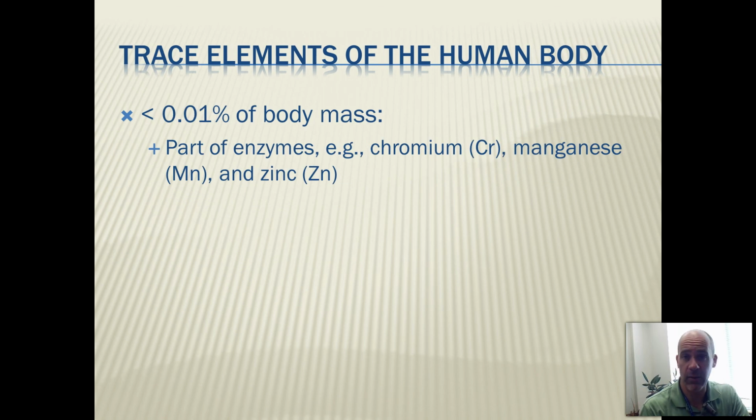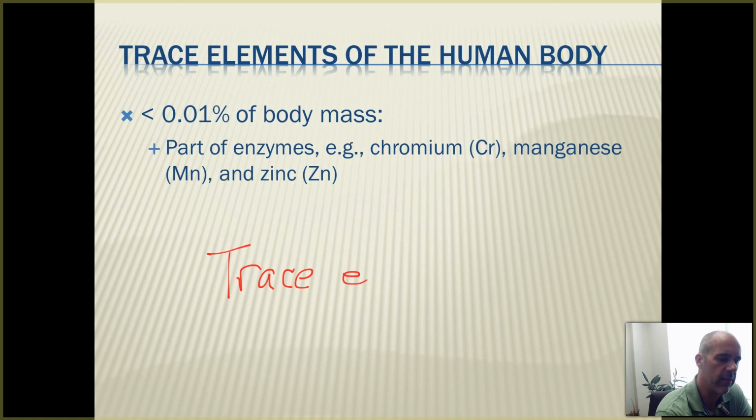All right, then finally, so we said 96% come from carbon, hydrogen, oxygen, nitrogen, 3.9% from those other elements I just mentioned. And so where's that other little tiny fraction of our body mass coming from? This is coming from what are sometimes called trace elements in the body.